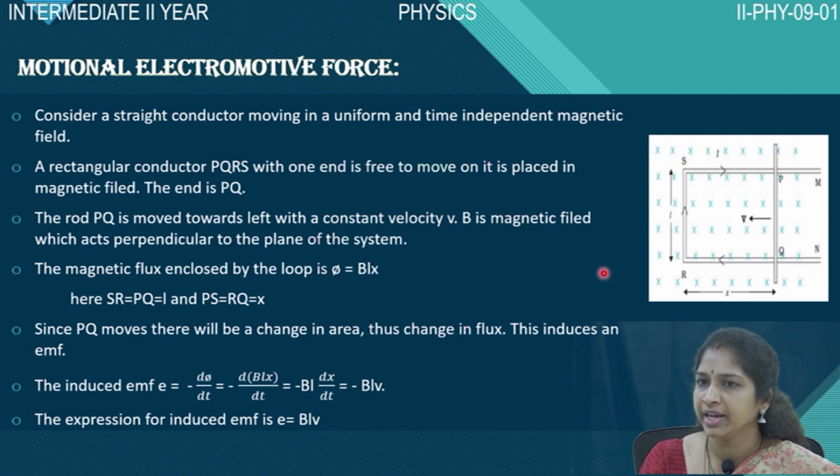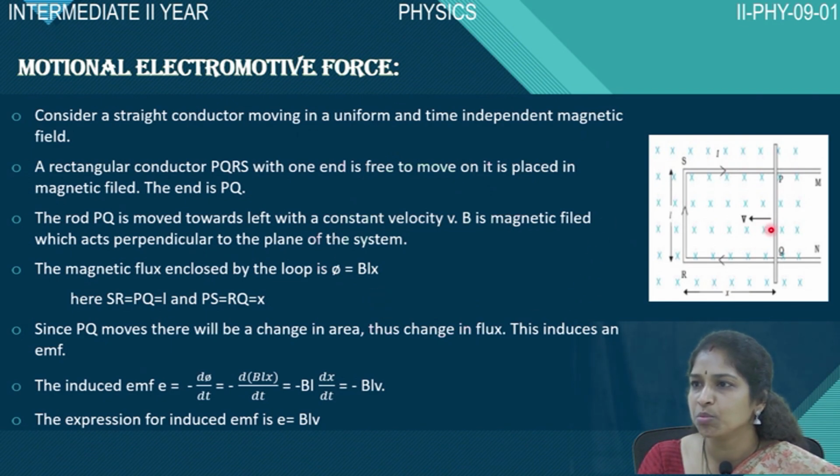I told you already that SR and parallel to that SR is PQ, so both are equal to L. And PS is equal to RQ, both equal to X. So the area of the rectangle PQRS is L into X, and it is placed in the magnetic field. So the magnetic flux cutting across this area LX is BLX.